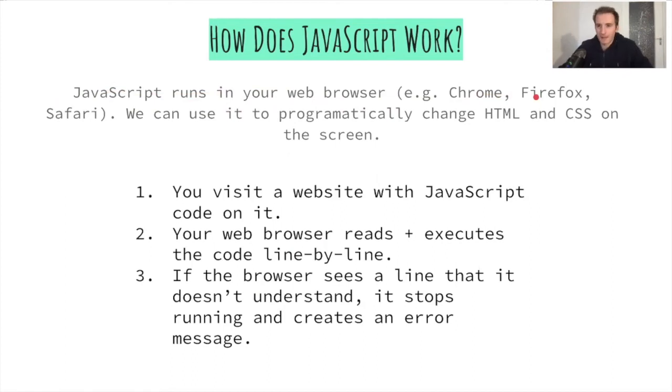And one of the main things that we use JavaScript for is to programmatically change the HTML and CSS on the page. What I mean by programmatically is that we can react to some event, let's say a click of a button or typing something into a form. And when that event happens, we can then do something in our JavaScript.